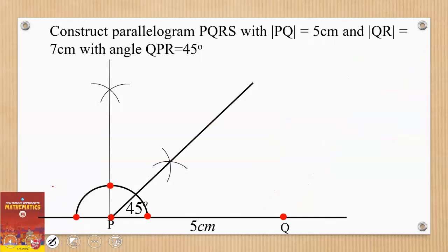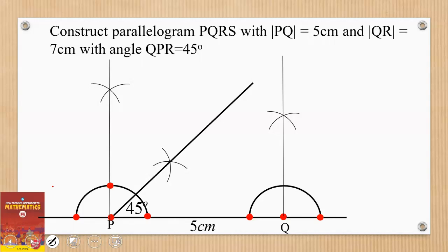So compass pin at Q, we construct an arc. Then at this point we are going to construct 90 degrees, so we open it and draw the line, go to the other side and draw another one, join them and get a perpendicular line or 90 degrees.